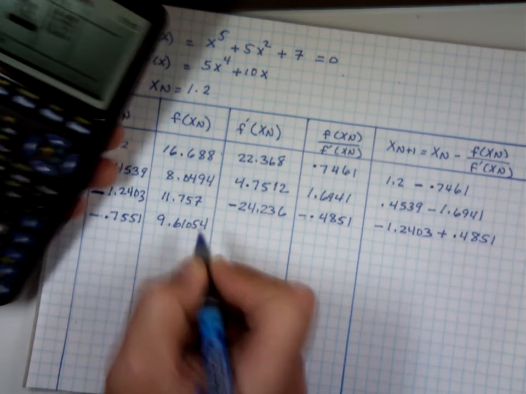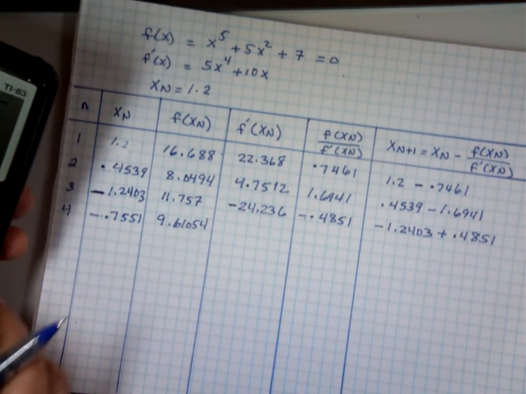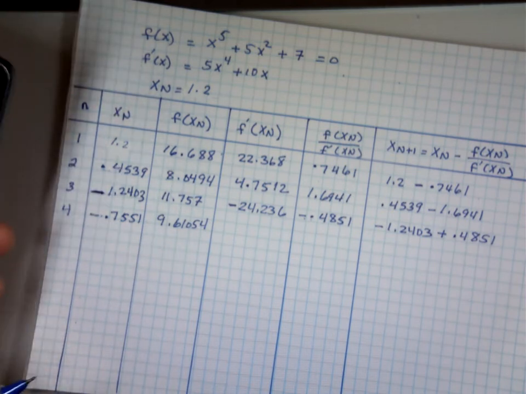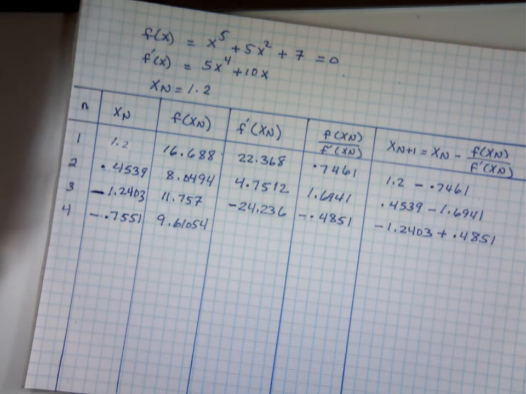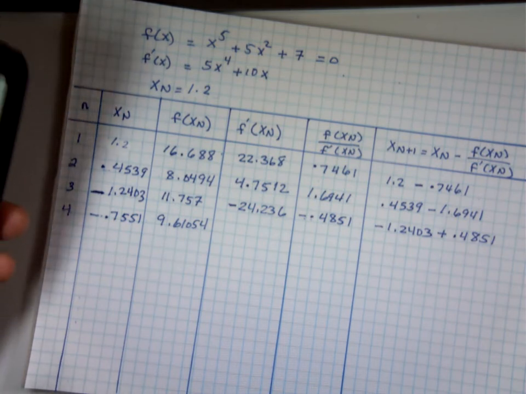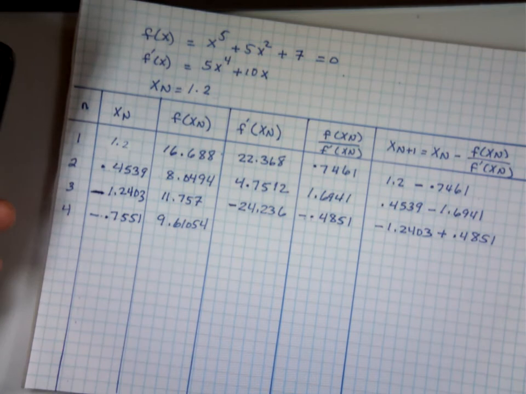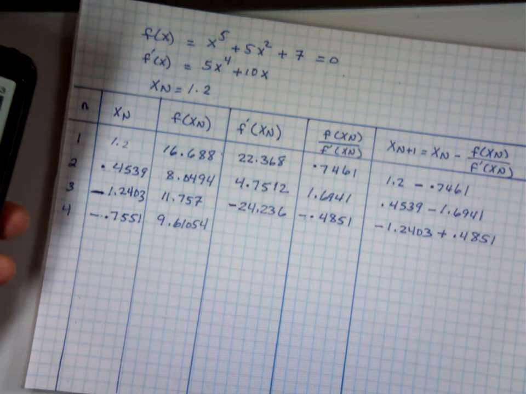The derivative of that: 5 times negative 0.7551 to the power of 4 minus 7.551.